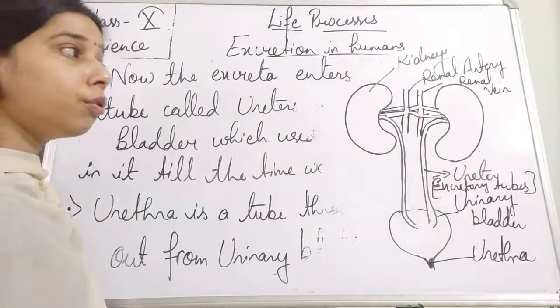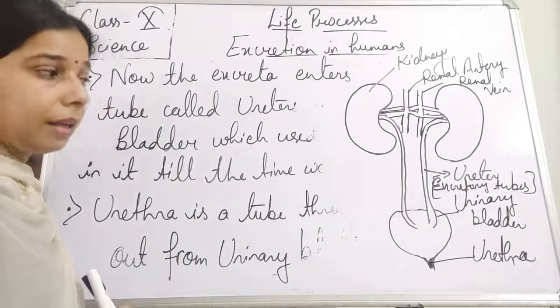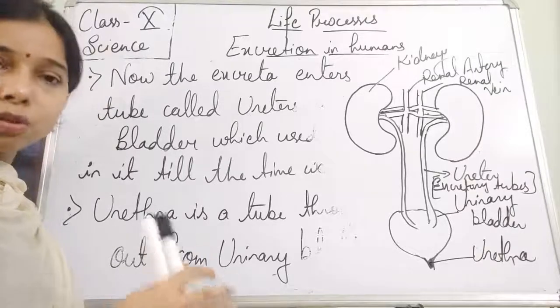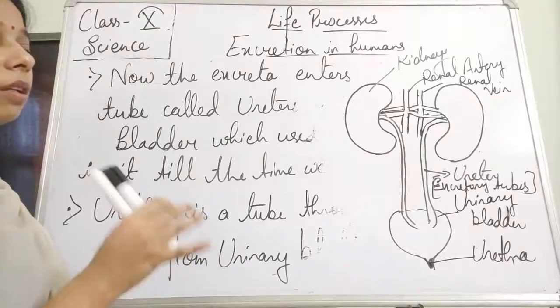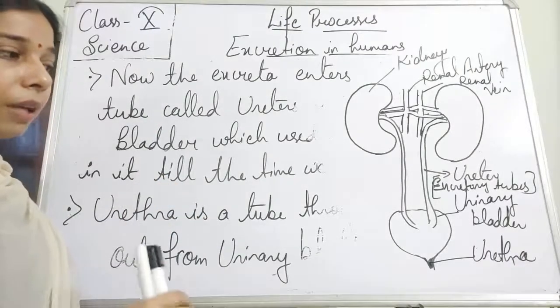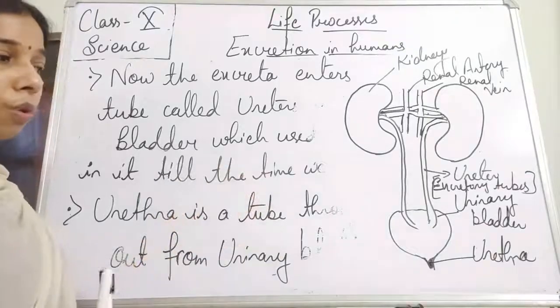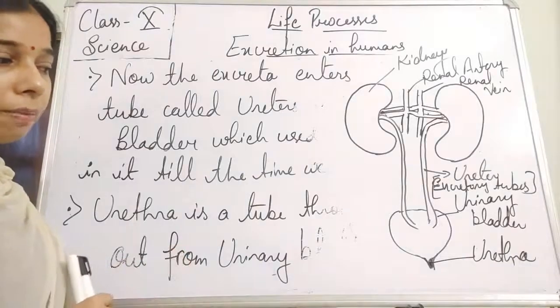So the urine which is carried by the ureter is stored now. Where? In the urinary bladder. That is why we said it's a bag-like structure which stores it. And we pass the urine from time to time whenever we feel the urge to go to the toilet. So the urine passes out through the bladder.